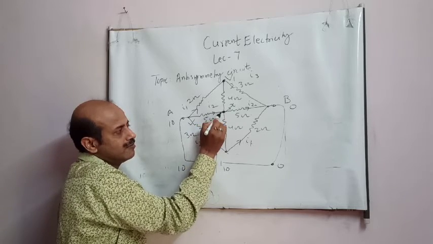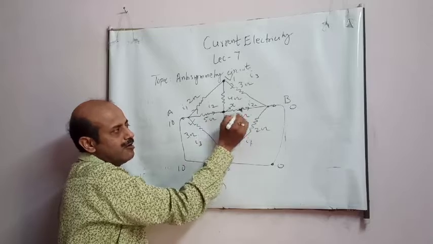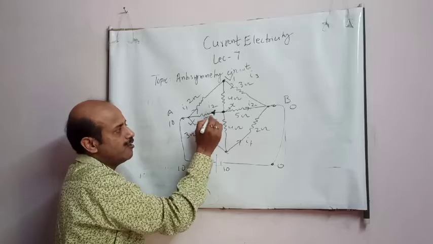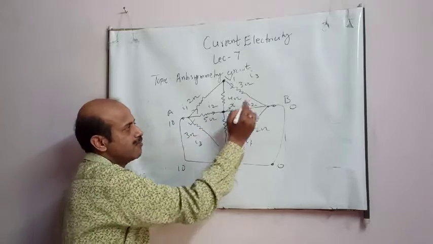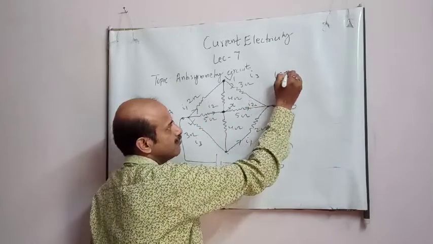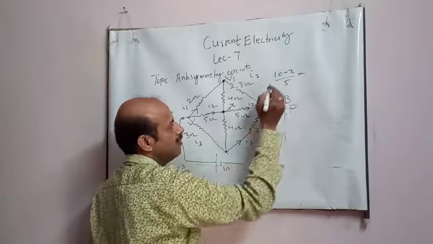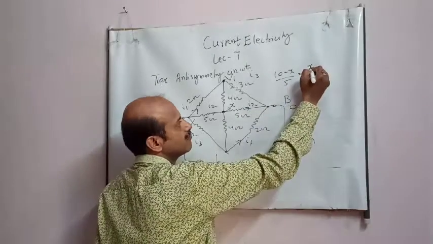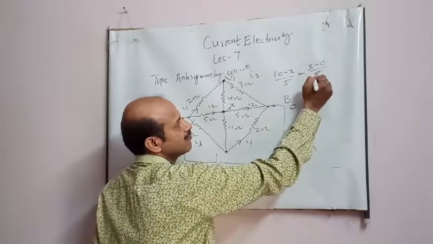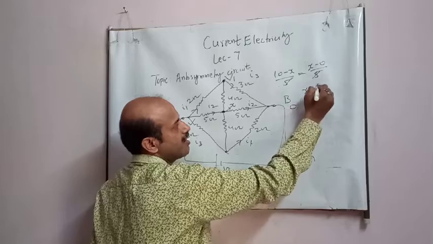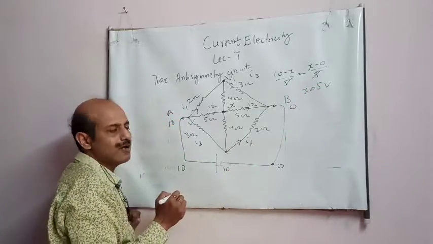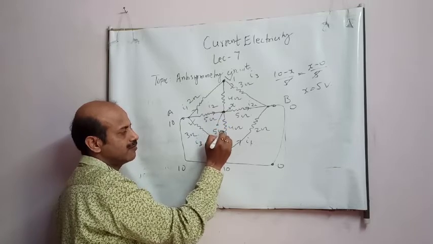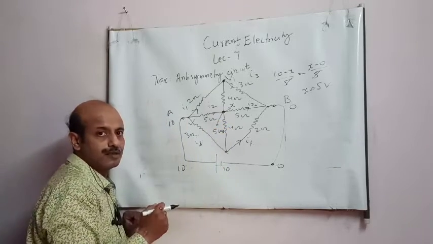See, I2, this is also I2, both are same. Both currents are same. So here I2 will be how much? 10 minus X upon 5. And here I2 is how much? This X, X minus 0 upon 5. If you solve it, student, you will get X is equal to 5 volt. So now, student, I got the potential here 5 volt.